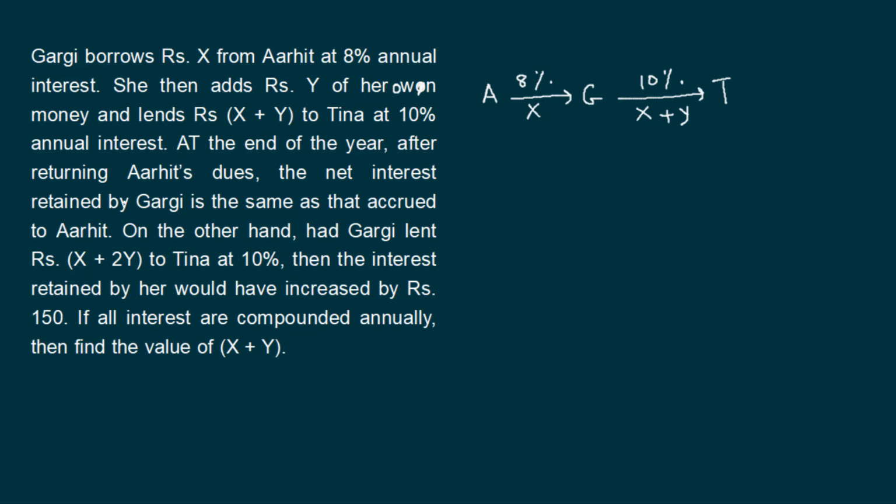At the end of the year, after returning Arhit's due, the net interest retained by Gargi is the same as that accrued to Arhit. Let's frame this equation first.